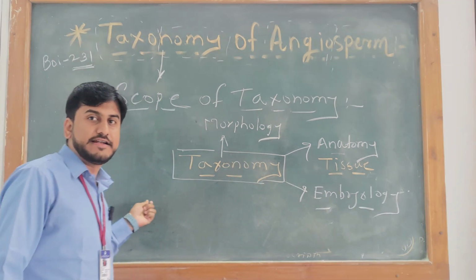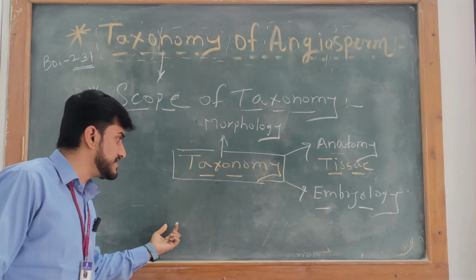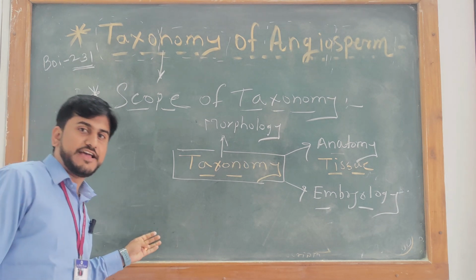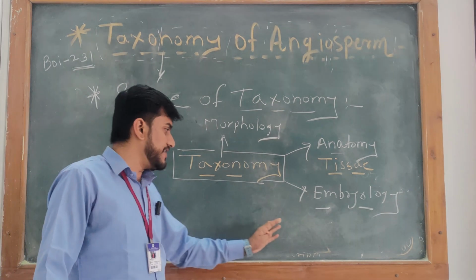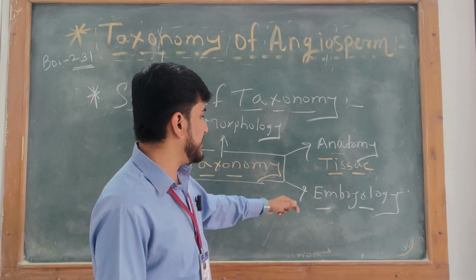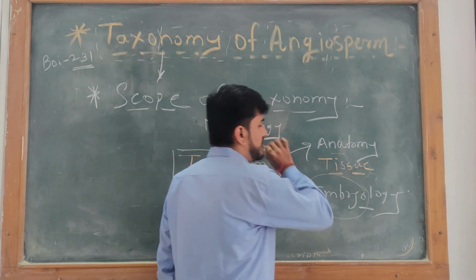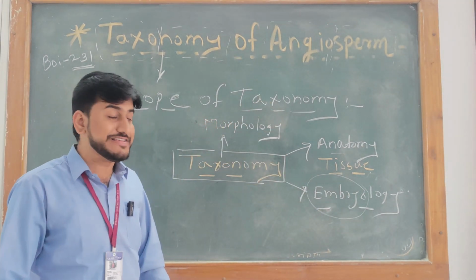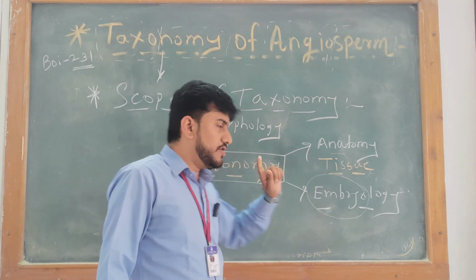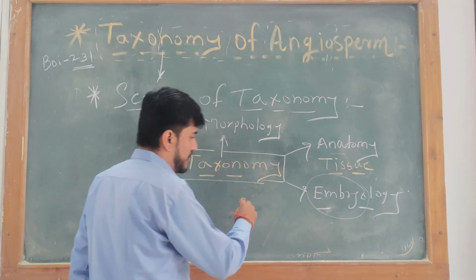Male is haploid, female is also haploid, and they are fused together, and after fusion of the male and female gametes there is the presence of the zygote, and after cellular division there is formation of the embryo, the embryonic stage. Embryology means the study of the embryo, or the development of the embryo, known as embryogenesis. So taxonomy is also utilized in the branch of embryology.